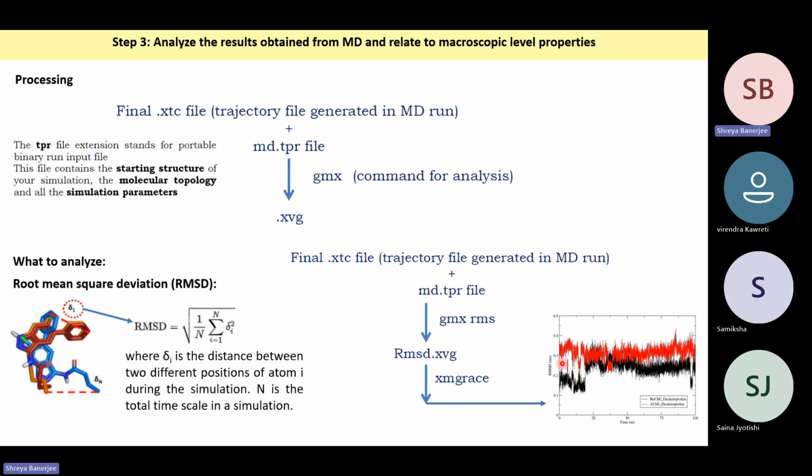Suppose you have 2 proteins. In one, you can see the RMSD is initially low, but then it becomes high. Initially maybe it was folded and there were a lot of secondary structures, which, as you know, do not move very much because they are stable.